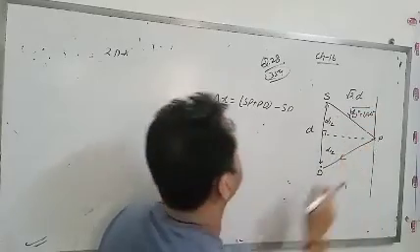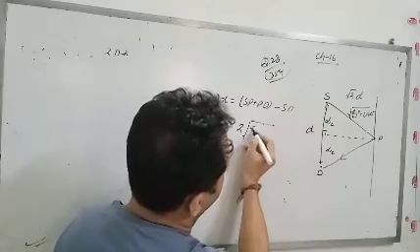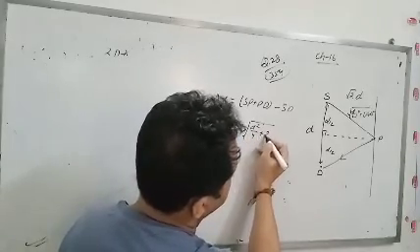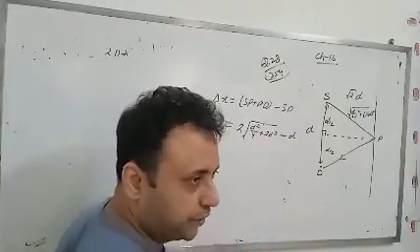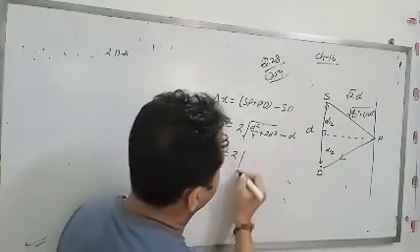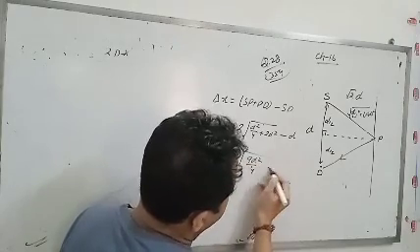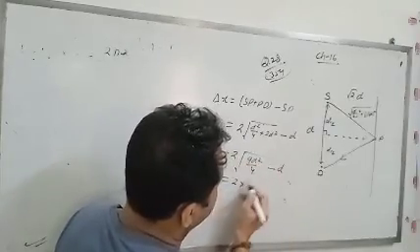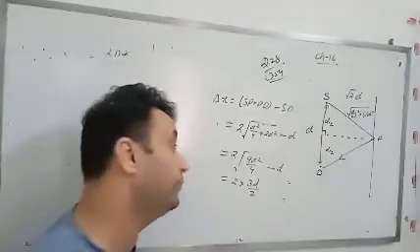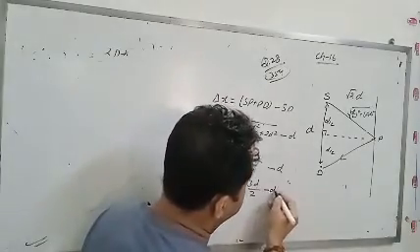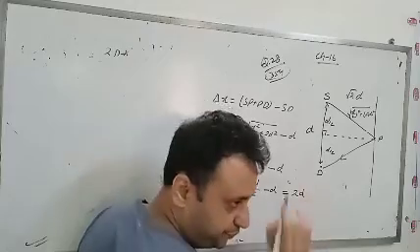So we can write 2 into the square root of d square by 4 plus 2d square, minus SD, that is small d. This is 2 into the square root of 9d square by 4, minus d, or 2 into 3d by 2, because the square root of 9d square by 4 is 3d by 2, minus d. So 2 will be cancelled, and 3d minus d is equal to 2d.